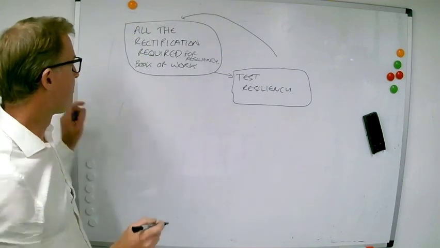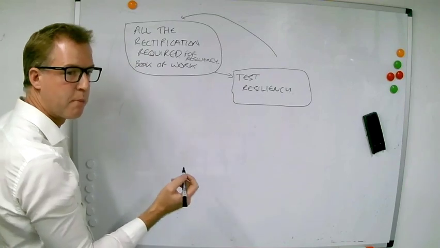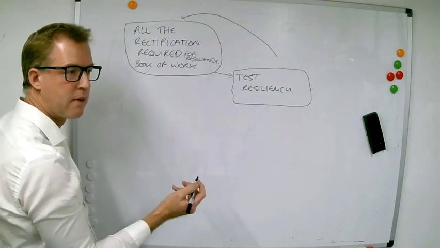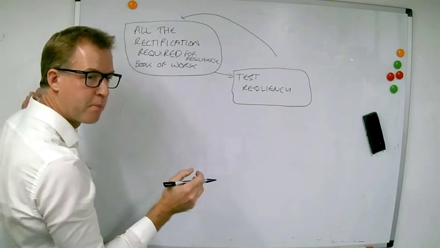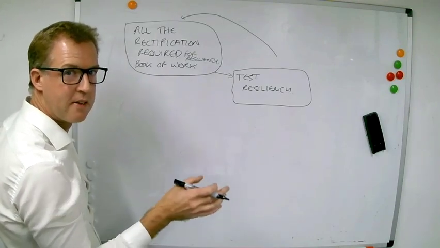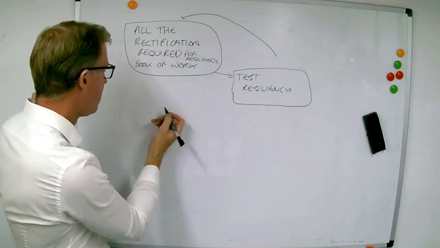The other thing as well is this is for all the stuff that needs changing, but you also want to prove the positive. So you basically want to prove all of what you've said is true. So you've got the work, you have to test resilience.